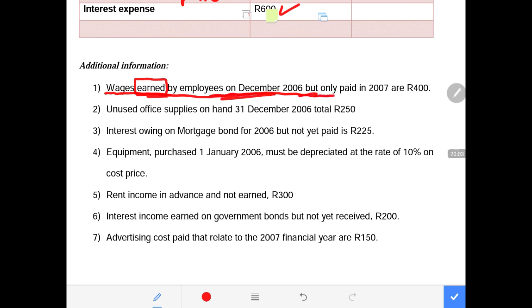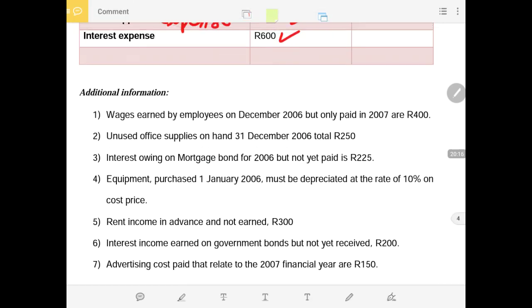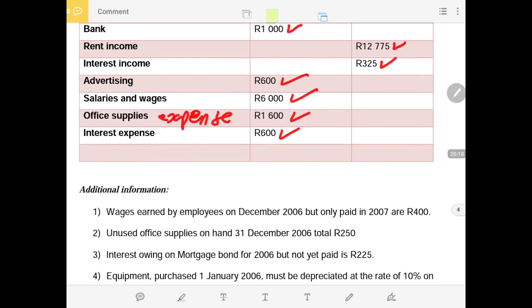But these salaries were paid in the 2007 accounting period, very likely in the month of January in the year 2007. And whenever you are given an adjustment of this nature, you need to ask yourself some very important questions as part of analyzing the adjustment.